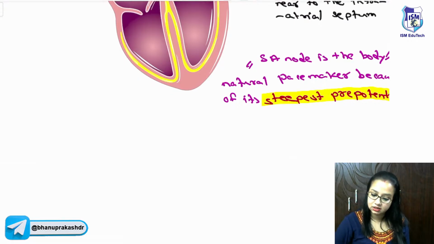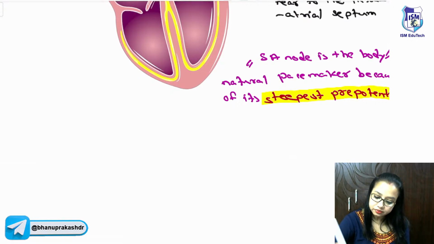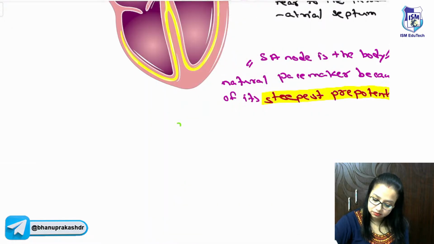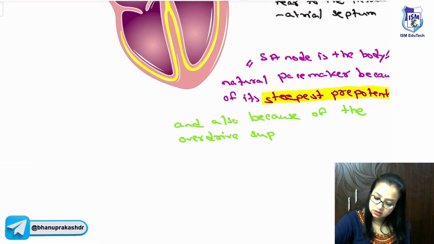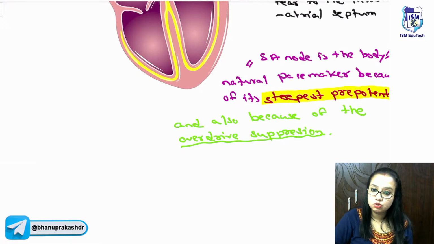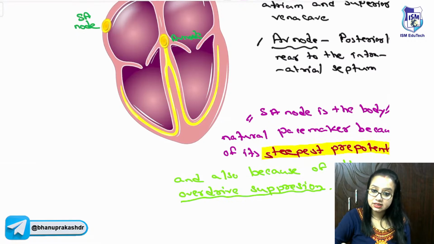And also because of overdrive suppression. These are the two main factors because of which the SA node is the heart's natural pacemaker.